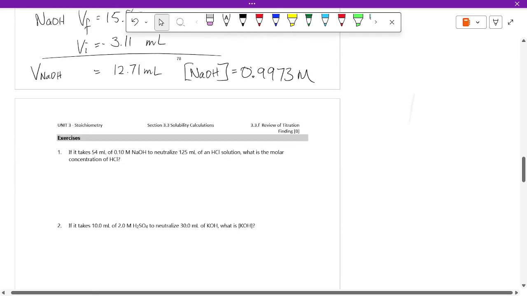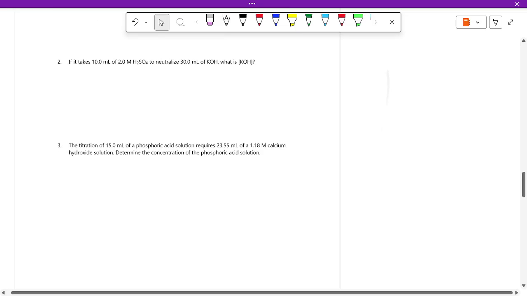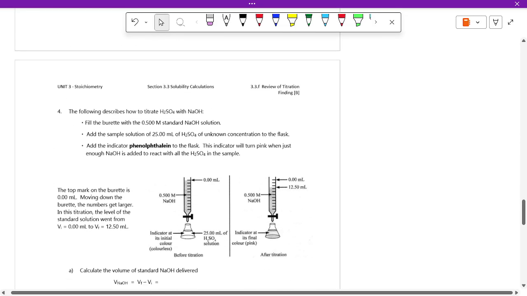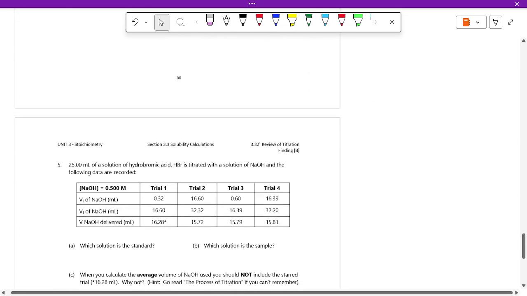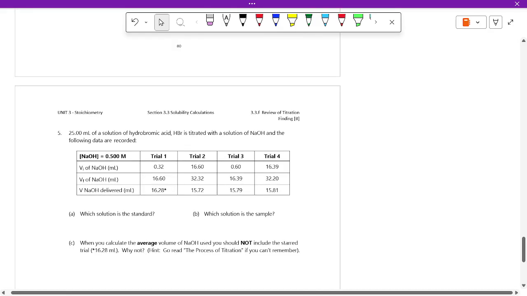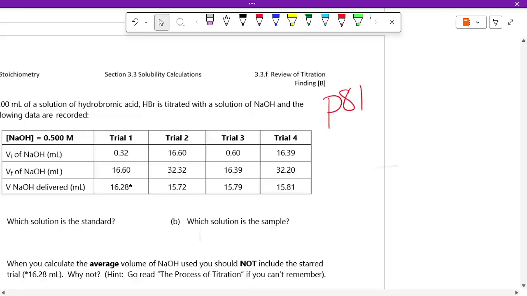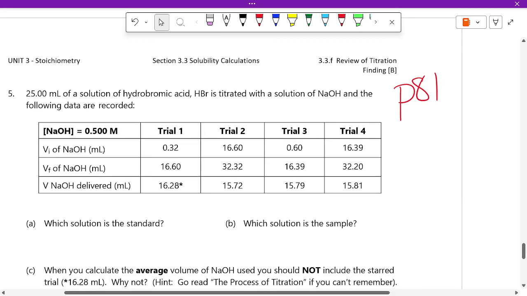Okay? And so there are some exercises here that let you practice that. Now I do want you to just take a quick look at number 5 on page 81, because I want you to see what data might look like. This is what data looks like.